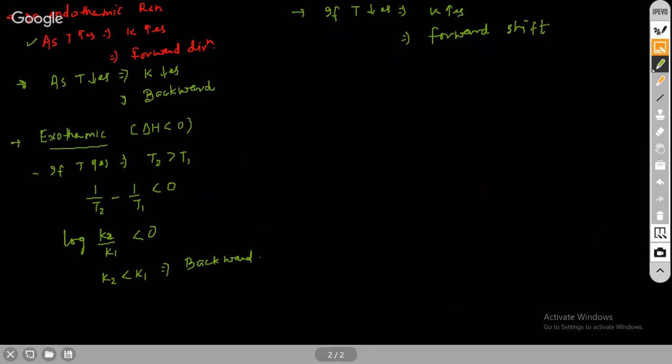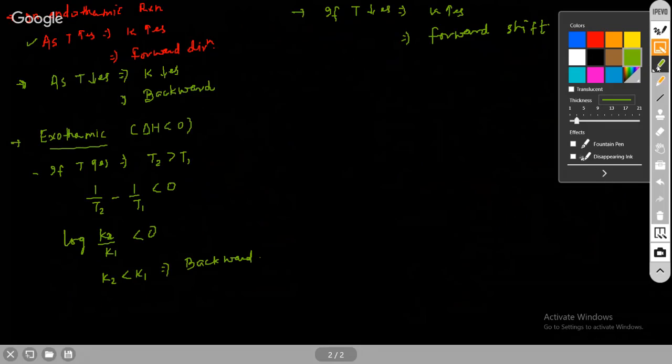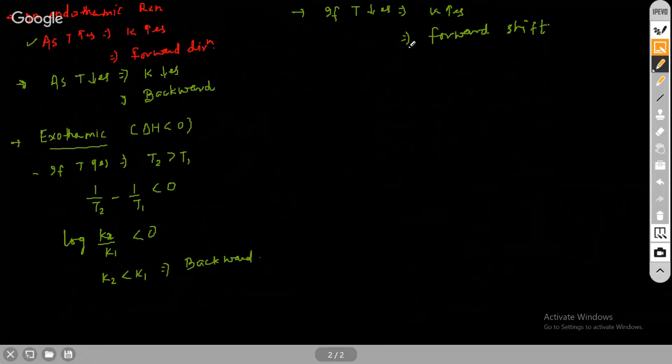The third case here we have, third case I'll take, and that is effect of pressure.